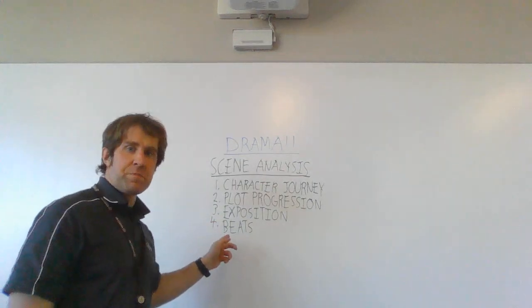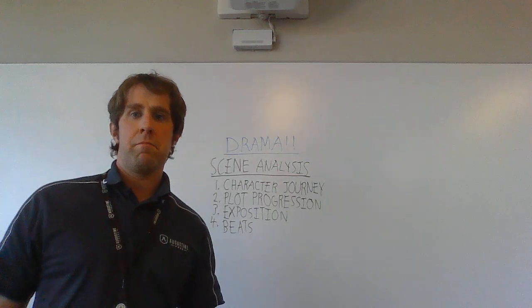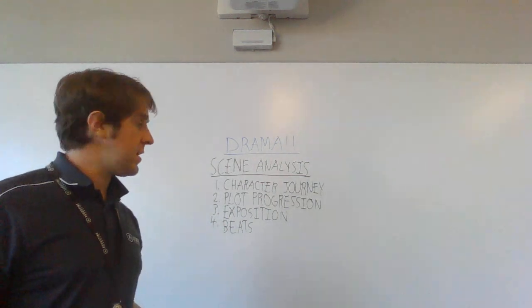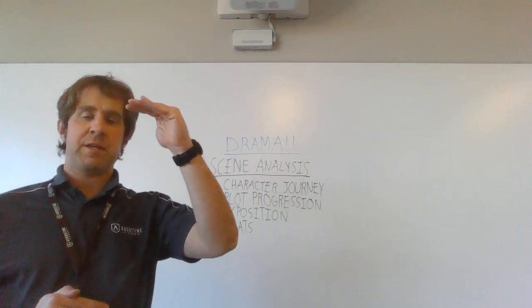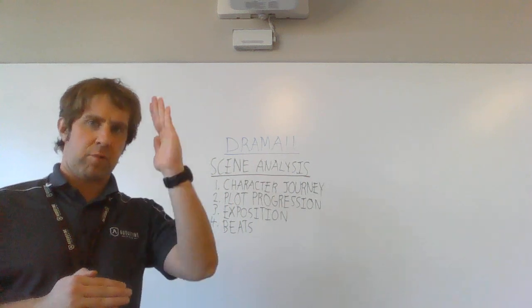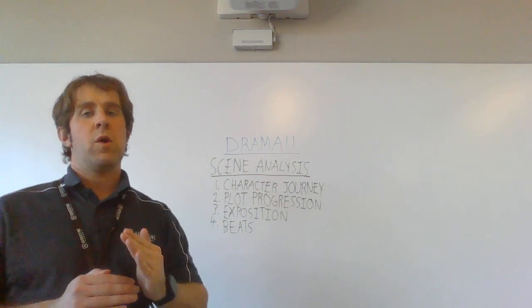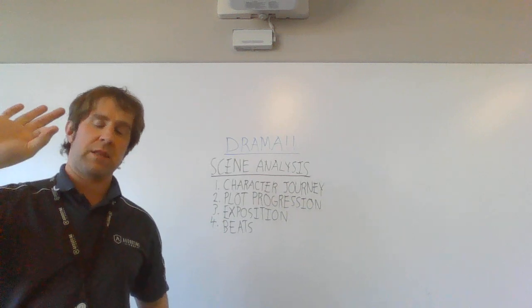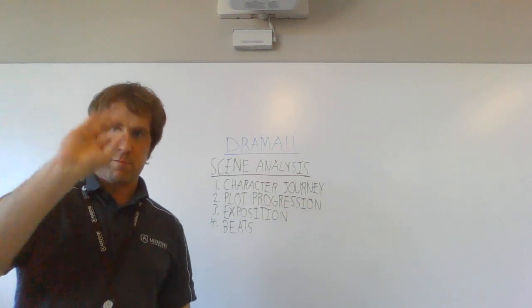And number 4 is beats, and as I've said before, beats is when we take segments of the scene and break them down into parts. So we put a line in between certain lines, or you might write the word beat in parentheses.